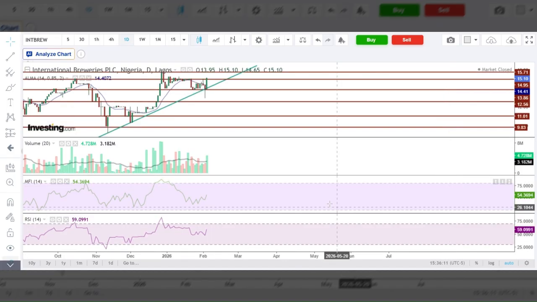How about money flow? Money flow is up at 54.3694, which means that there's money in the market. Okay, money flow is up. We have RSI. RSI is also up and also within the region where you can buy this stock safely without breaking the bank. And that is at 50. Let me check this one.